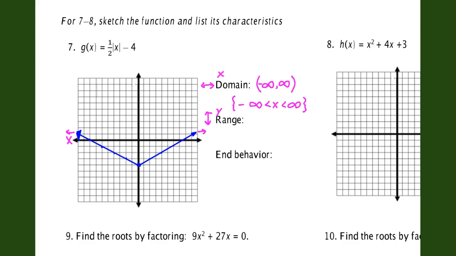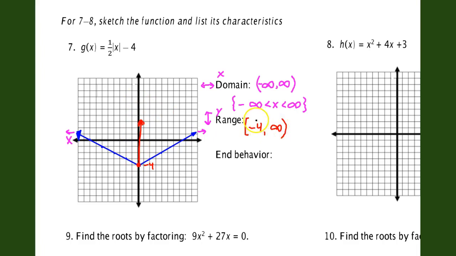And our range is going to, let's see here. Looks like this graph is going to keep on going up forever, but not down, right? It seems to start right here at the vertex and then it goes up. So the smallest y value possible is going to be right here, which is -4. So we're going to start at -4, and then it's going to go up forever to +infinity.